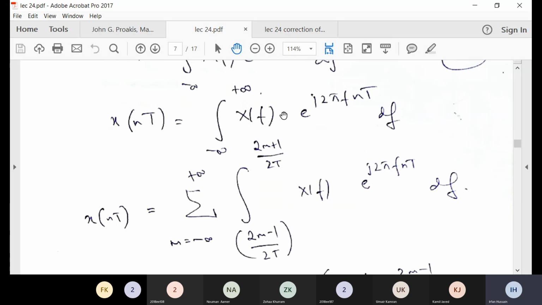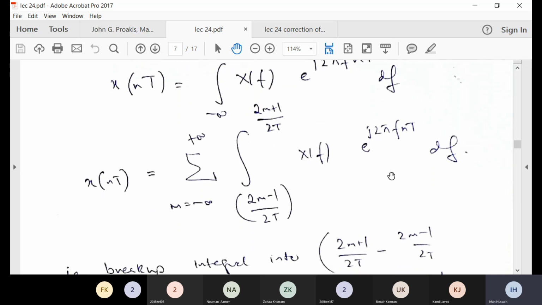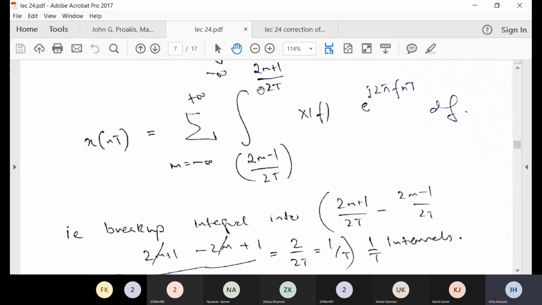Now here I am writing the same integral as a summation of intervals, where each interval is of length 1 over T. So I've broken up the integral into small integrals from (2m minus 1) over 2T to (2m plus 1) over 2T, and you can solve. This comes out to be 1 over T. So I've broken this long integral into subintervals of 1 over T.